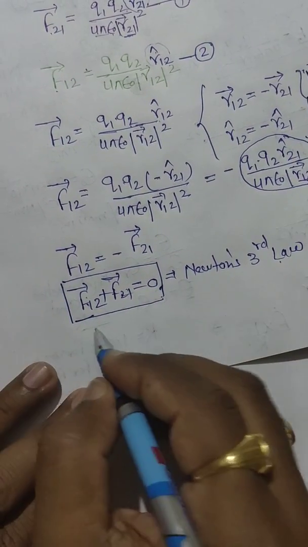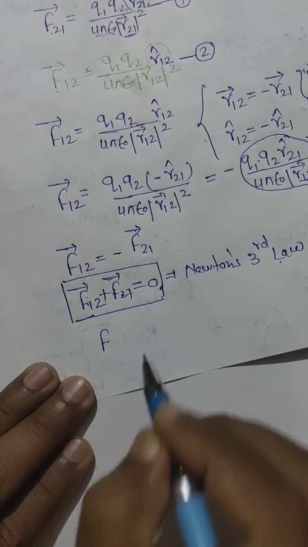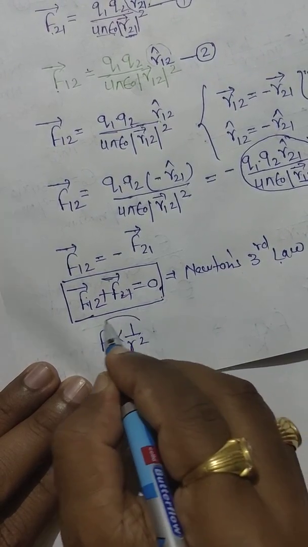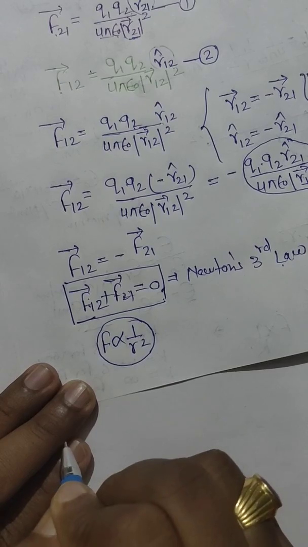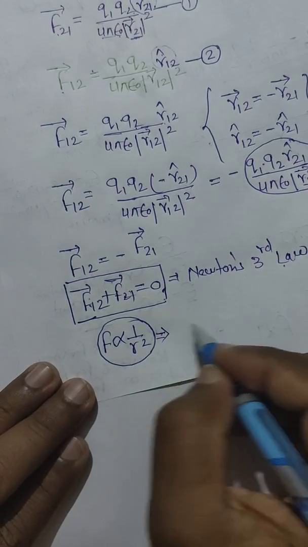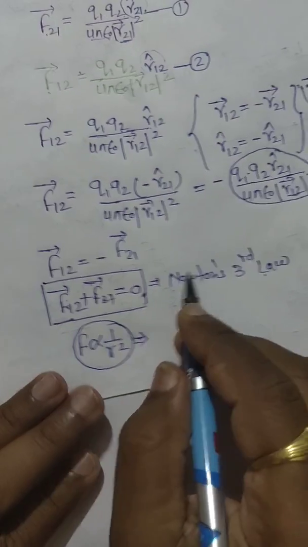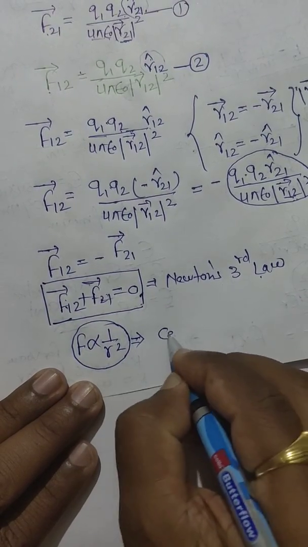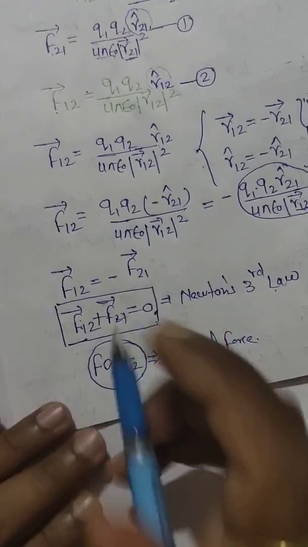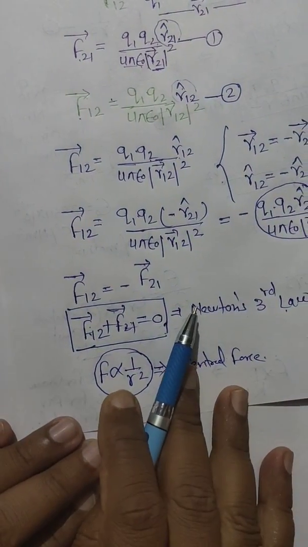And one more thing, this force is also inversely proportional to R square. That means it obeys the inverse square law. That's why we can say Coulomb's force is a central force. This is the vector form of Coulomb's law in polar coordinates.